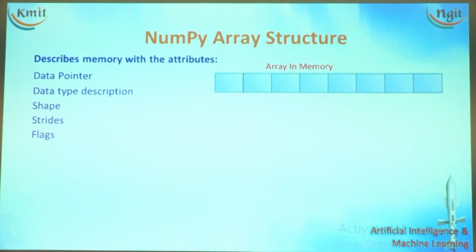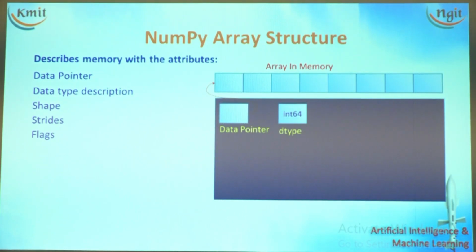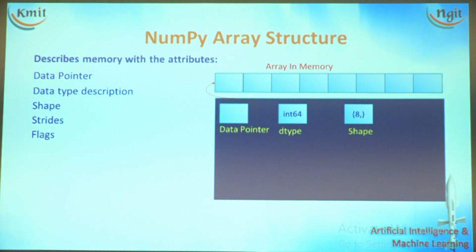Now see here, this is the NumPy array structure. As you can see on your screen, it describes the memory with the following attributes: data pointer, data type description, shape, strides, and flags. All of these we will study in detail. As of now, this is a broader overview of your NumPy array structure.